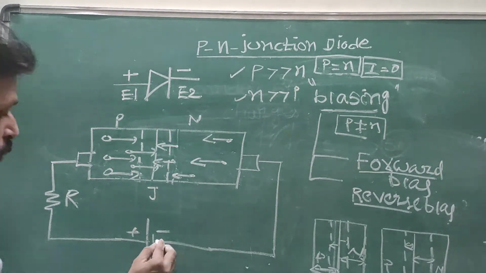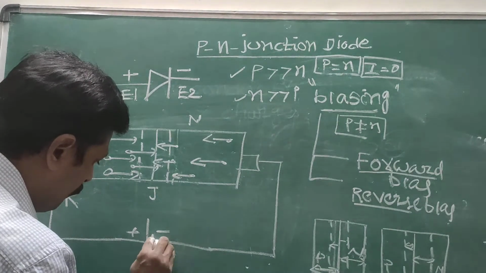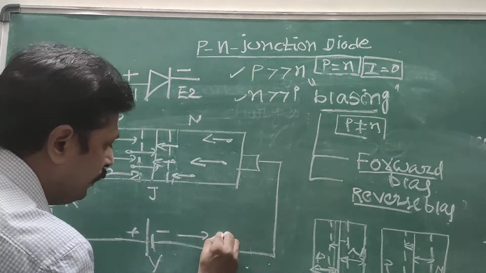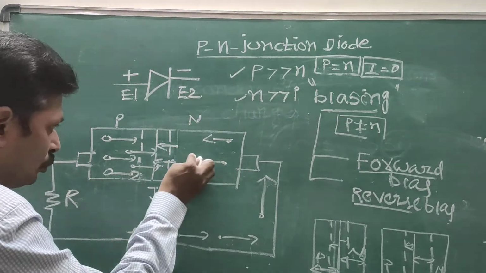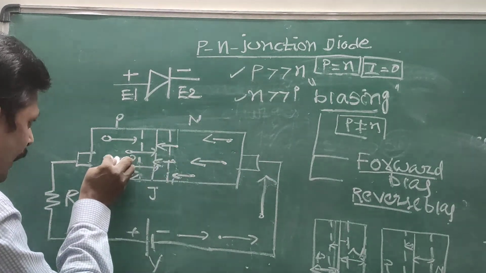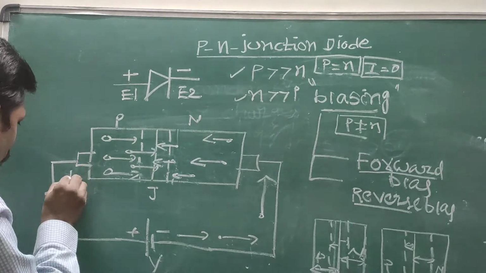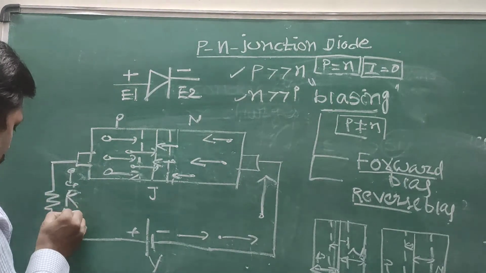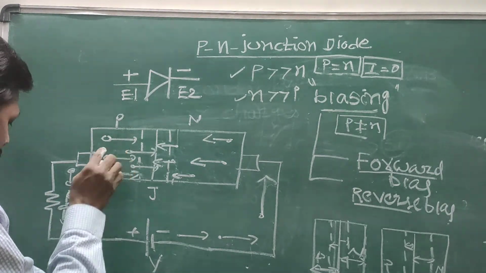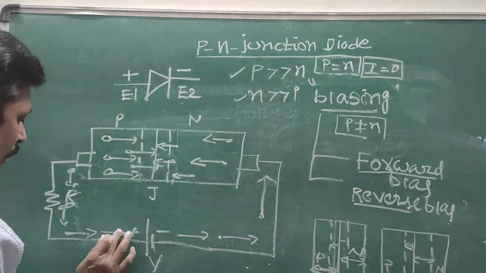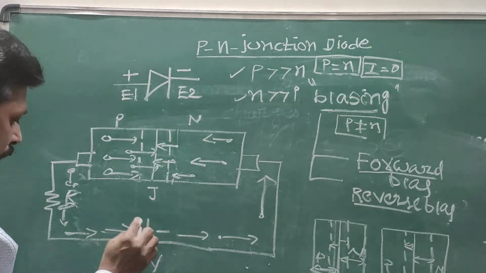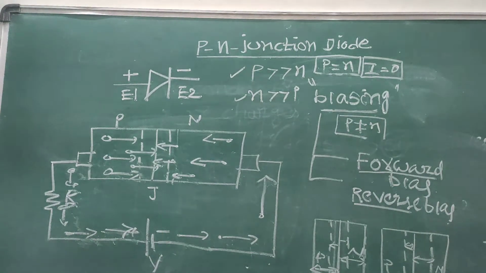And holes move towards the N side. Coming from this point, what charges start? Negative charges start. Those negative charges pass through the N side and again enter the P side, and some charges come out of the semiconductor P block and reach the opposite side of the battery, that is, the positive side. That means what is observed?